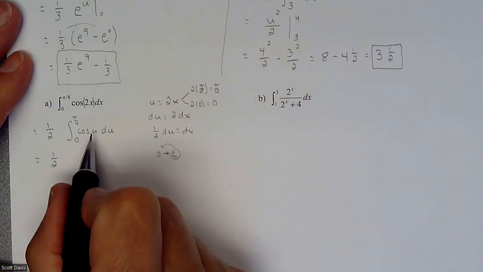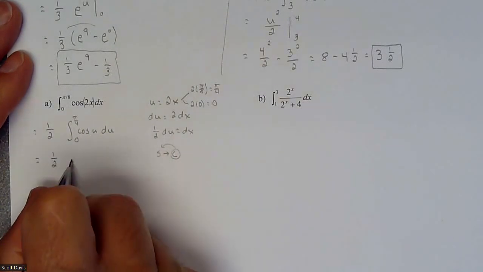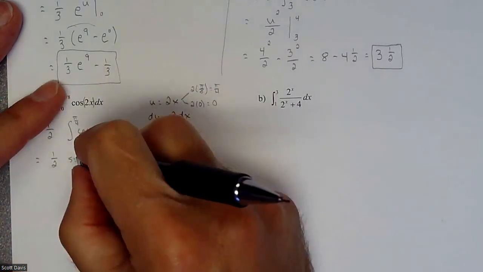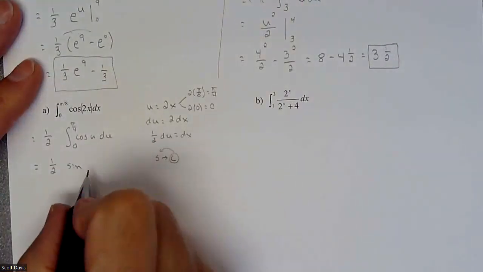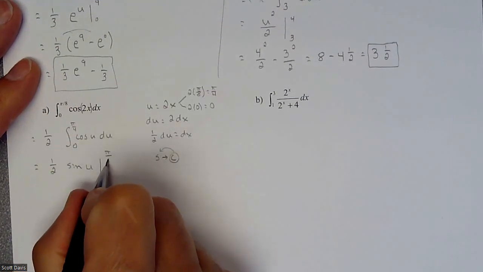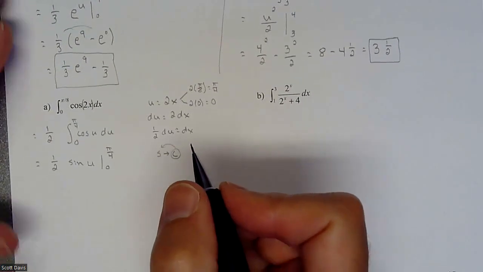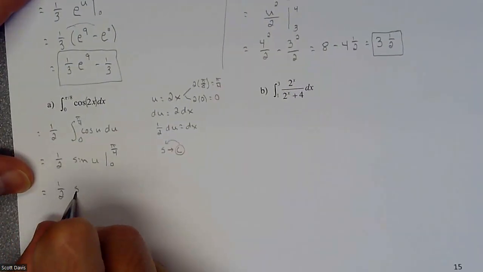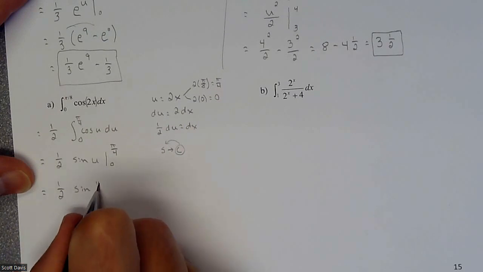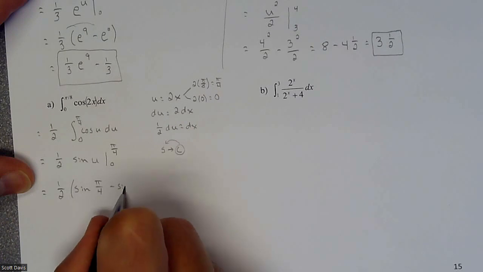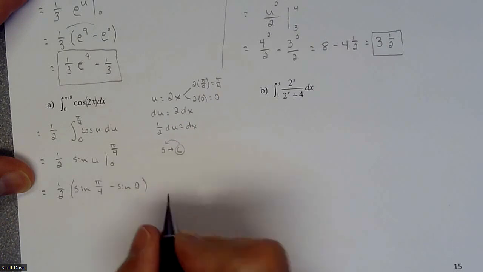So the antiderivative of cosine is going to be sine, so 1/2 sine, not x, sine u, and we're going to go from 0 to pi over 4. All right, so 1/2 sine pi over 4 minus sine of 0.